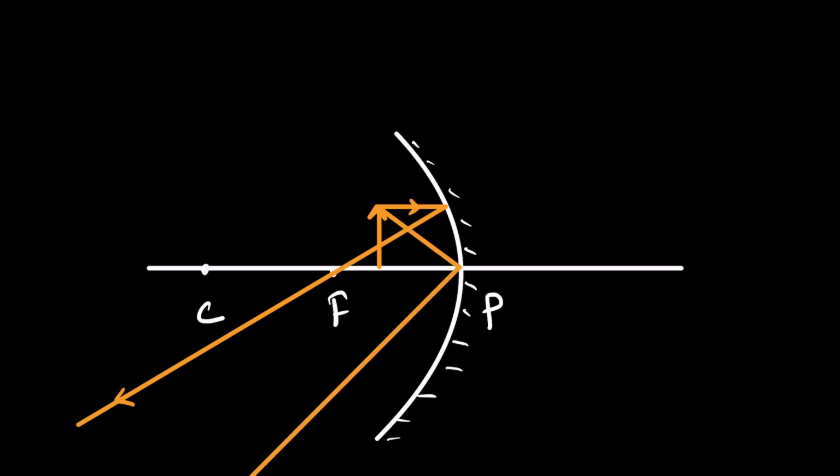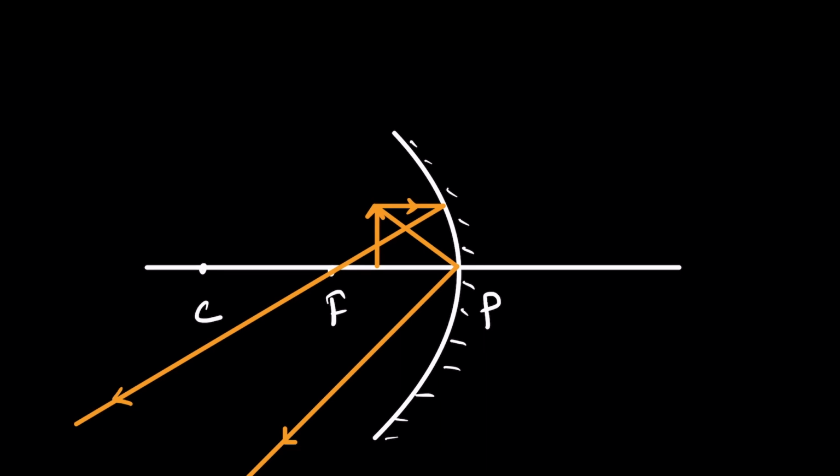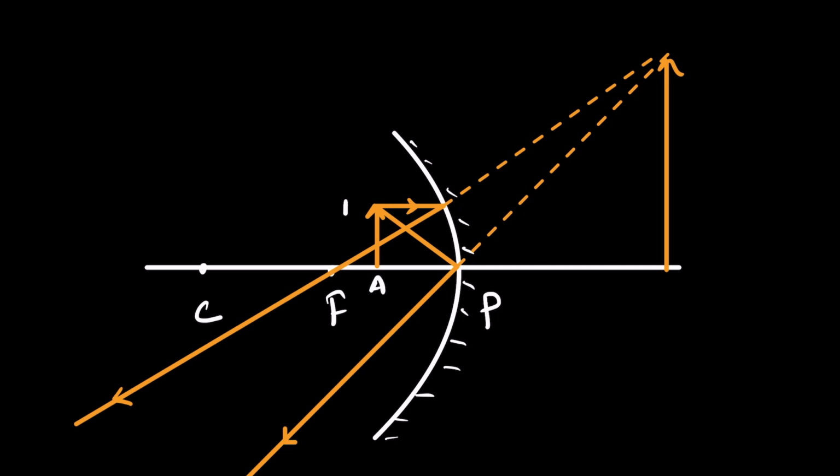So we discussed this in part 2 of reflection of light. So there, image is formed behind the mirror. And it was magnified. So here in this case, this is our object AB.